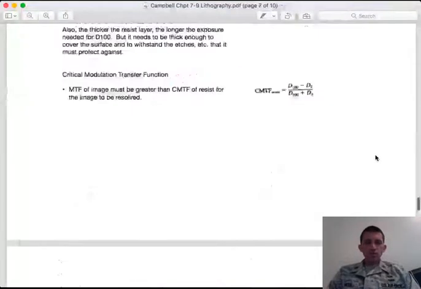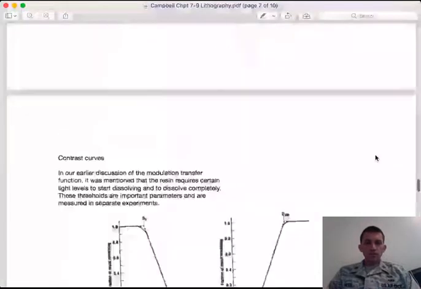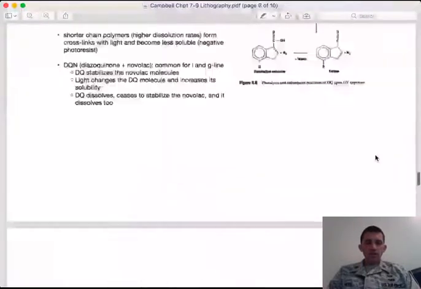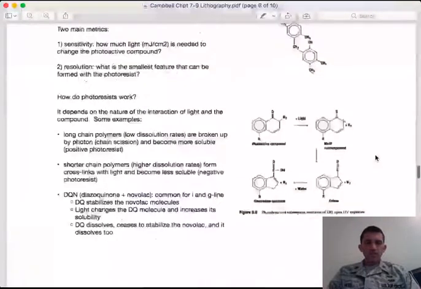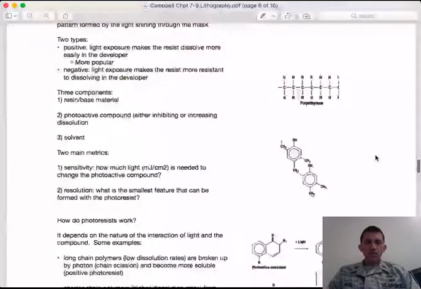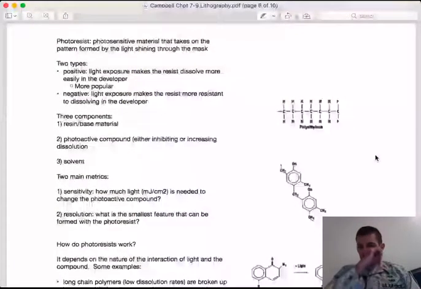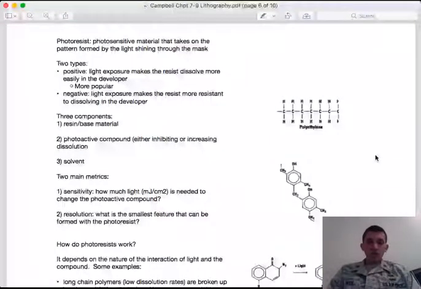Then I'm going to jump in and talk a little bit about chapter 9. That is advanced lithography, specifically other radiation sources, electron beams, and X-ray sources.